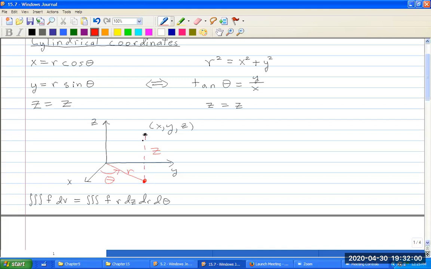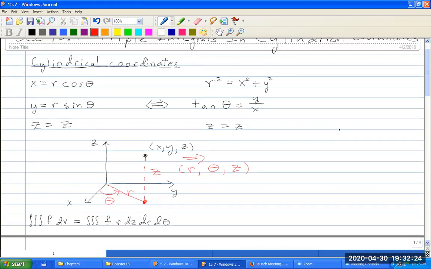And so you can associate with these rectangular coordinates cylindrical coordinates r, theta, z. If you look here, these cylindrical coordinates are related to the polar coordinates.